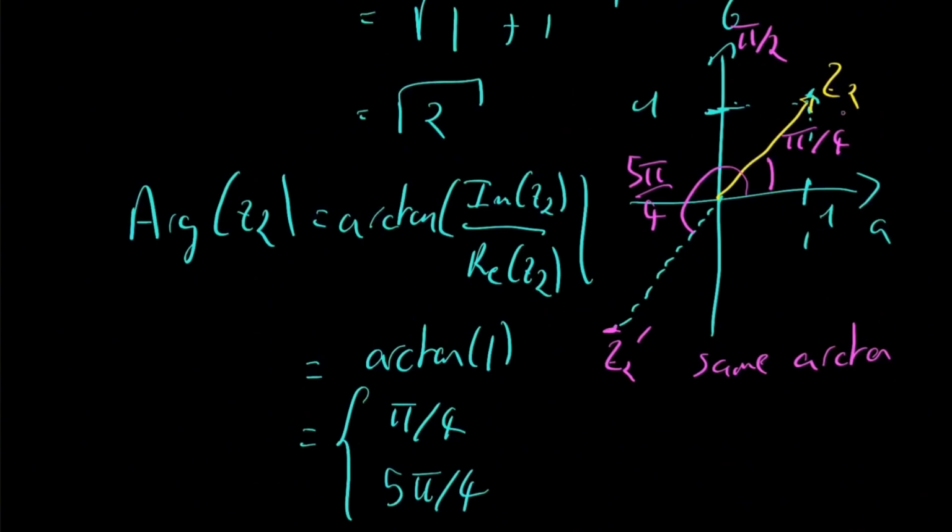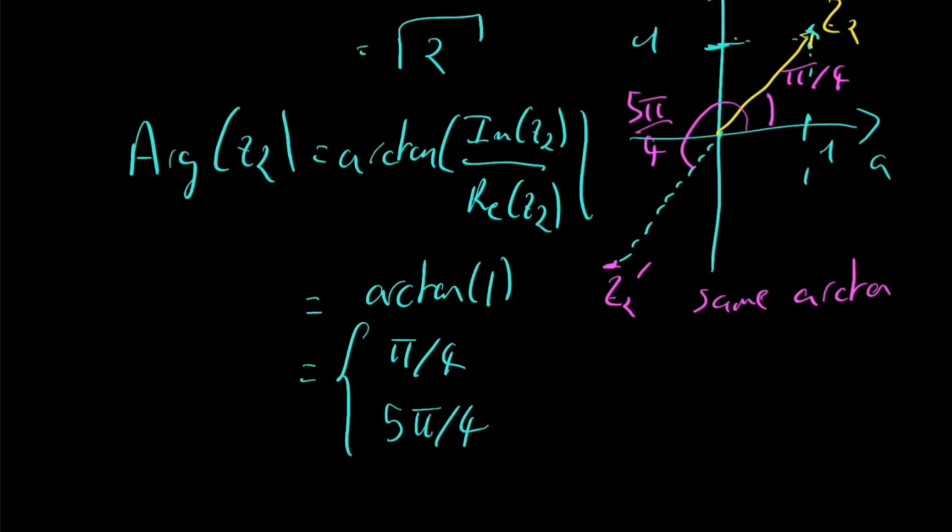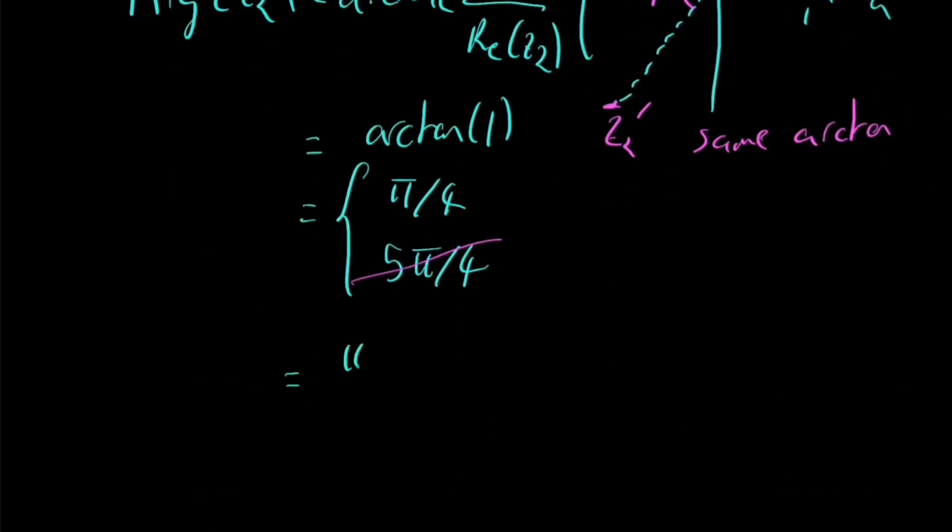But as said, the solution is pi over 4 because we are in this part of the complex plane. Okay? So the solution is pi over 4. So arg of z2 is equal to pi over 4.